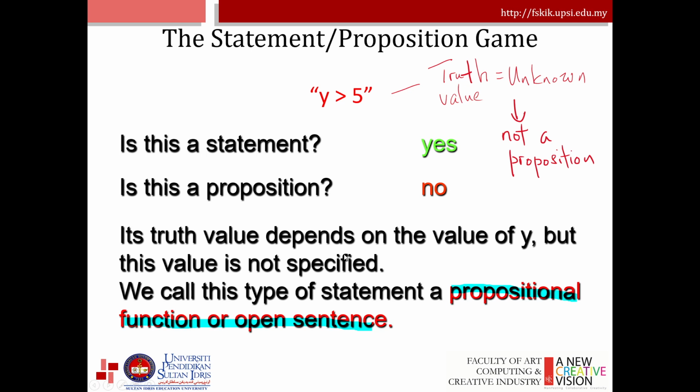The y is unknown, maybe it is an integer, it is not clear. So this is also not classified as a proposition. We call this type of statement a propositional function or open sentence.